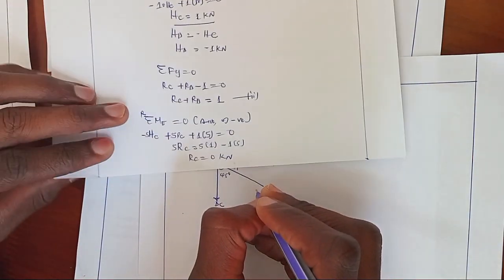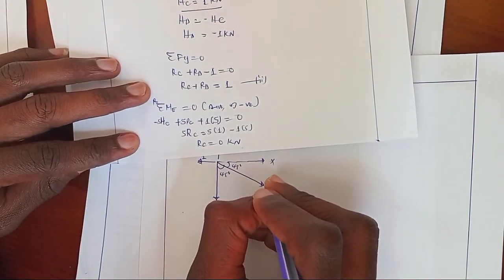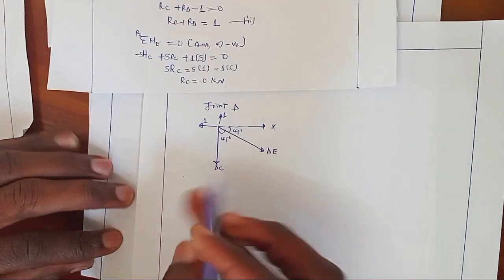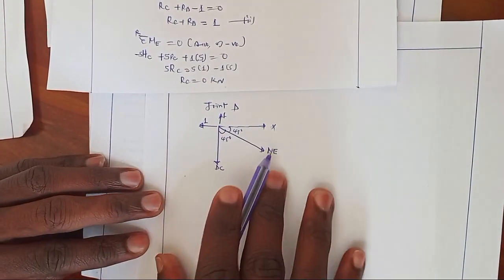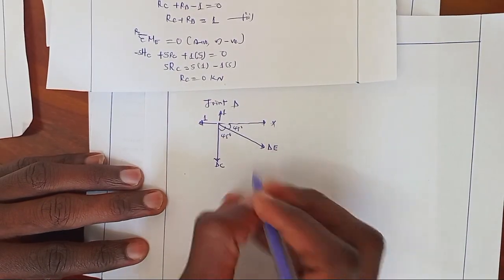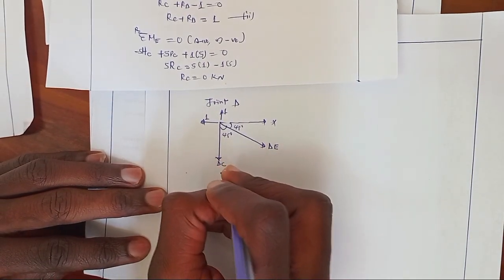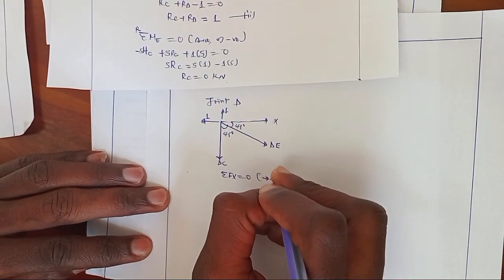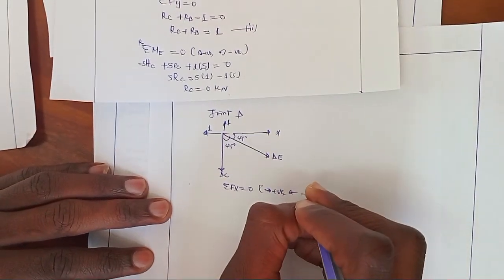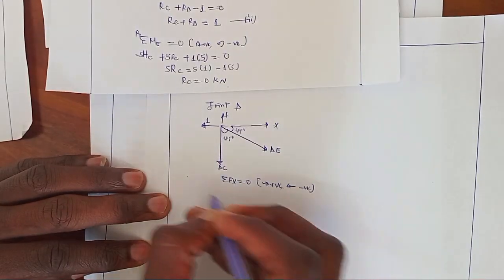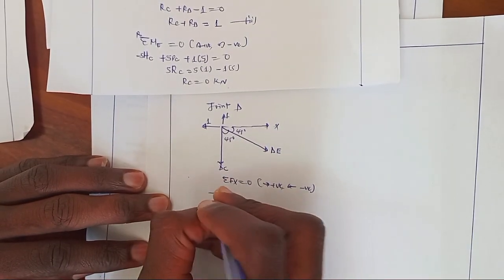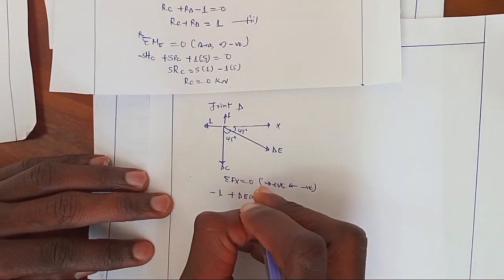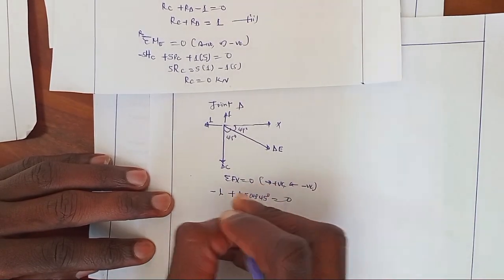This is DE. To obtain DC and DE, we take summation of horizontal force is equal to 0. Positive this way, negative. Okay, this is negative 1 plus DE cos of 45 is equal to 0.